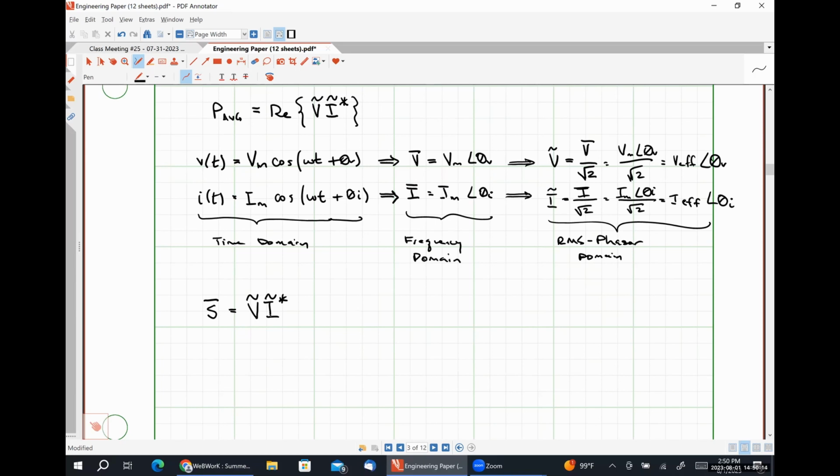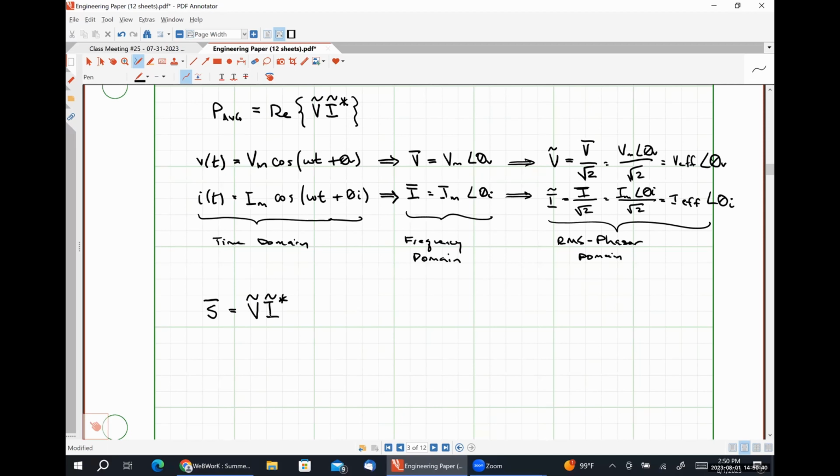So let's talk units here. Whenever I multiply voltage and current, what are my expected units? Resistance. Wait, no, power. So what are the units of power? Watts. Okay.